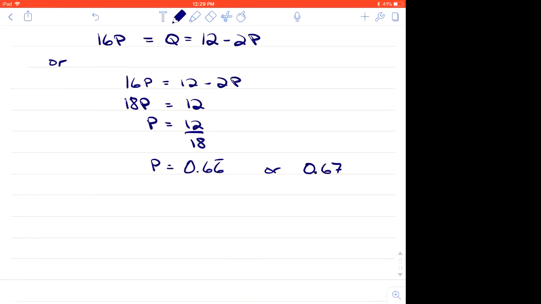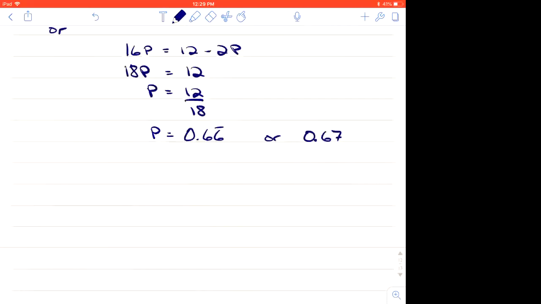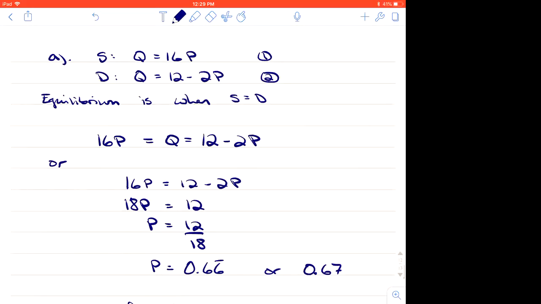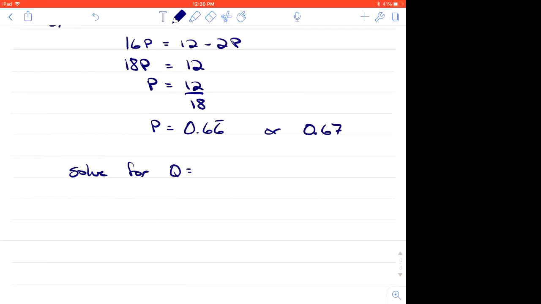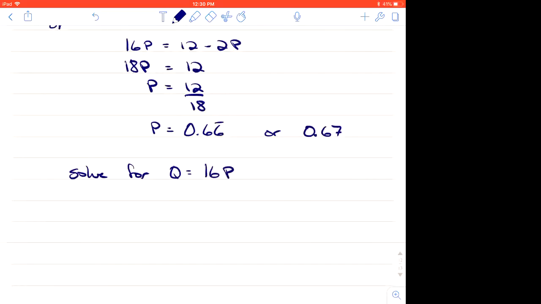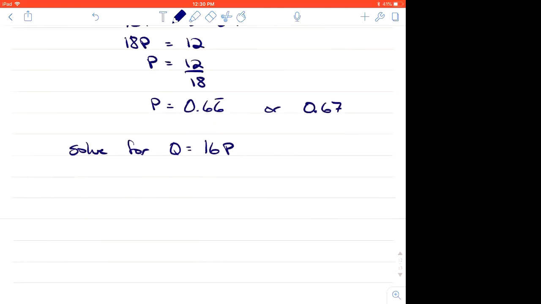So then once we have P, right, now we can solve for Q. Solve for Q, we have 2 choices for Q equals 16p. So Q equals 16p, or if you wanted to use the other one, that's fine too. So Q is 16 times 0.67.